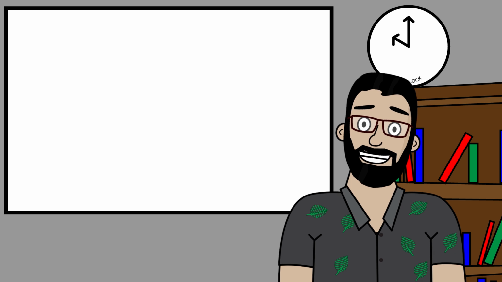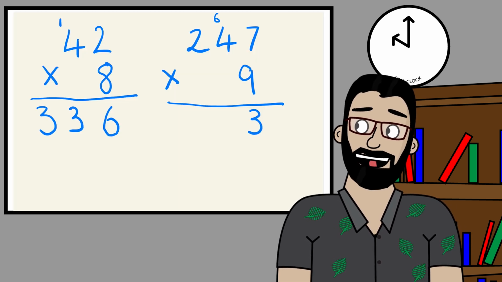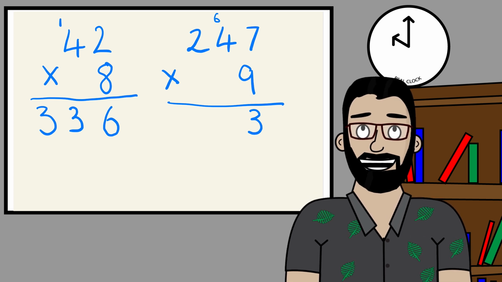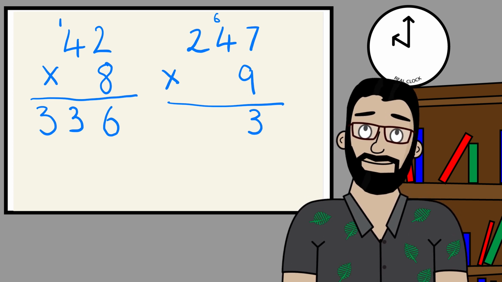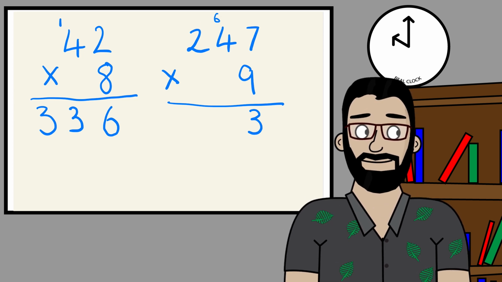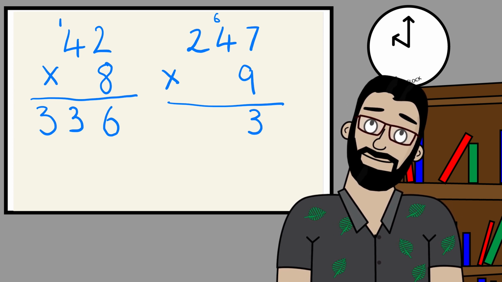So now we go 4 times 9. 4 times 9, of course, is 36, plus that 6 up the top there. We've got to add on that 6. So 36 plus 6 is 42. 42, we put down the 2, and we carry the 4.